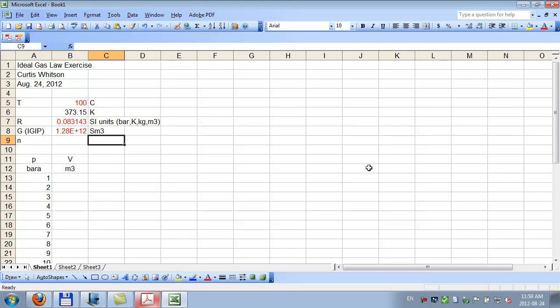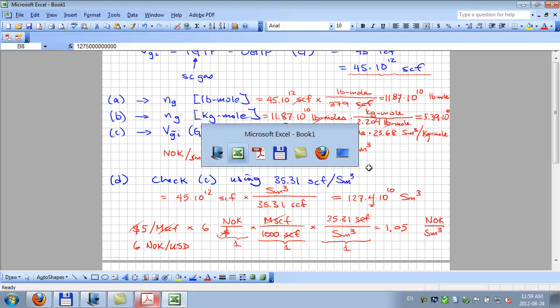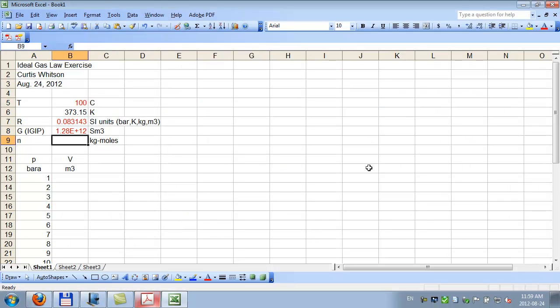Okay. Now we've got our metric. And now we're going to get kilogram moles by taking what? By taking this, well, we could just go over here and copy it from here, but we'll actually include that calculation in here.